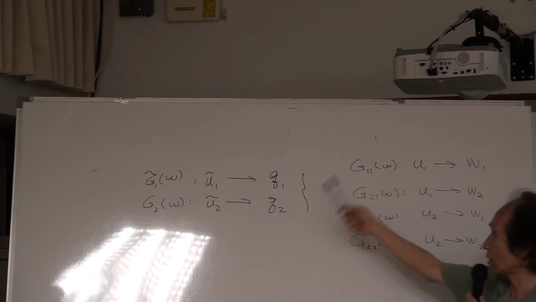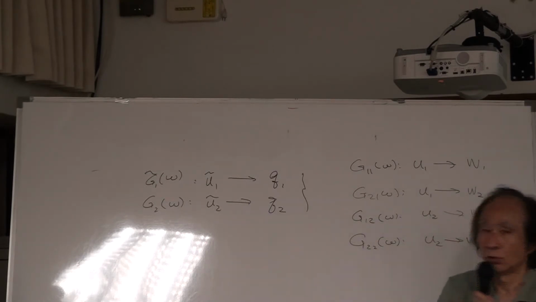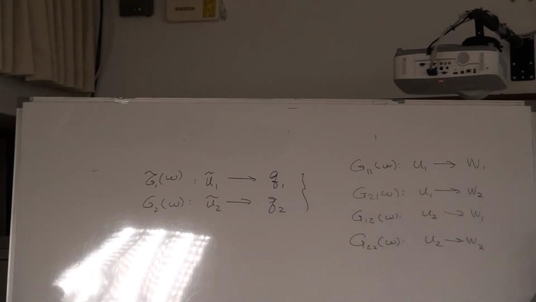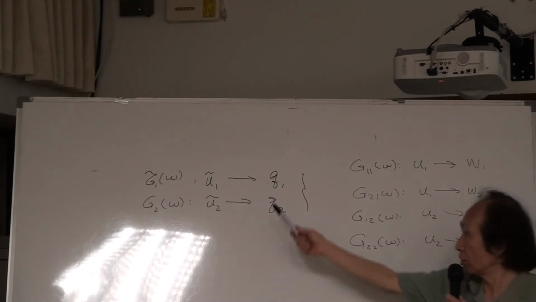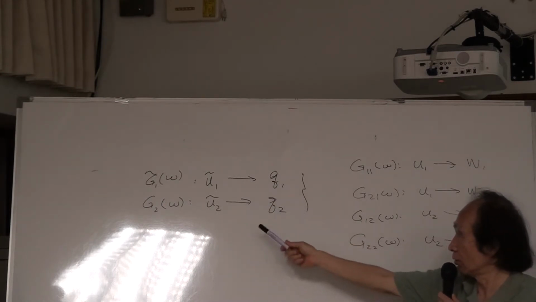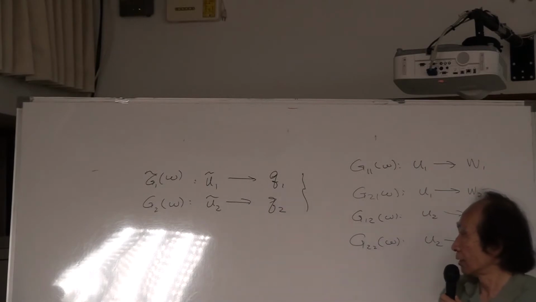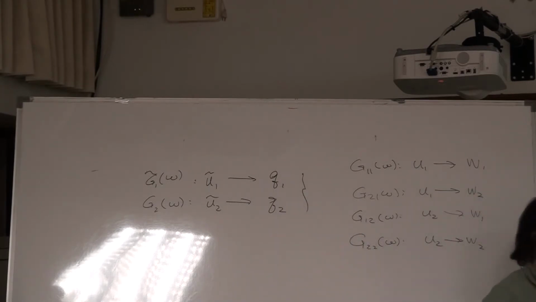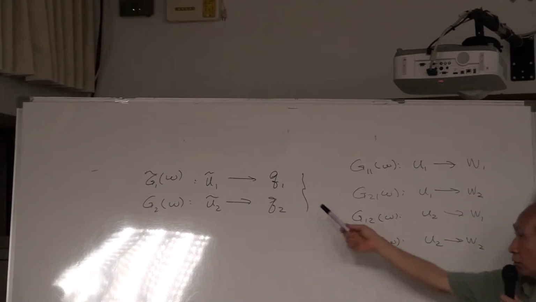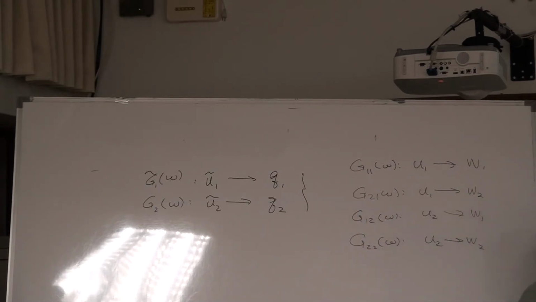In the motor coordinates, you have only two frequency response functions. That means U1 tilt to Q1, U2 tilt to Q2, because they are not coupled. There's no such U1 tilt to Q2.